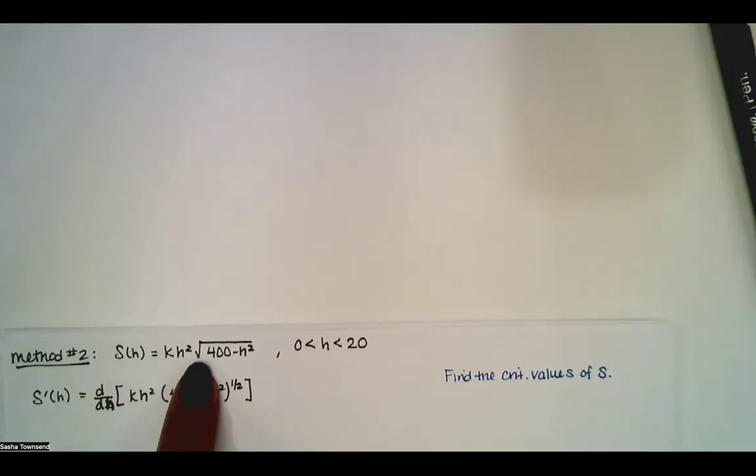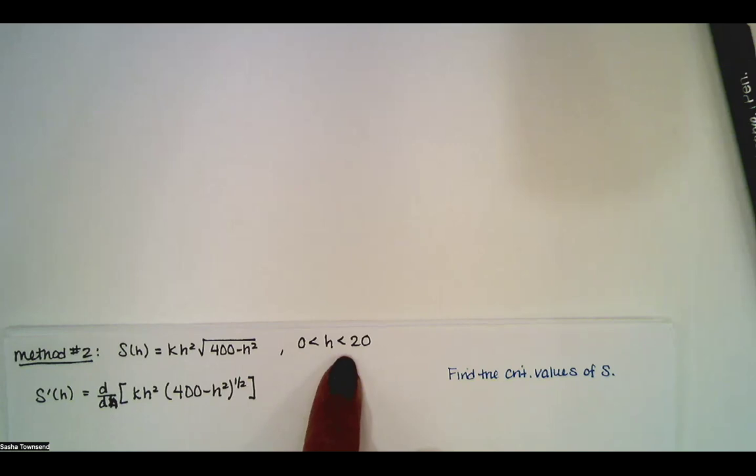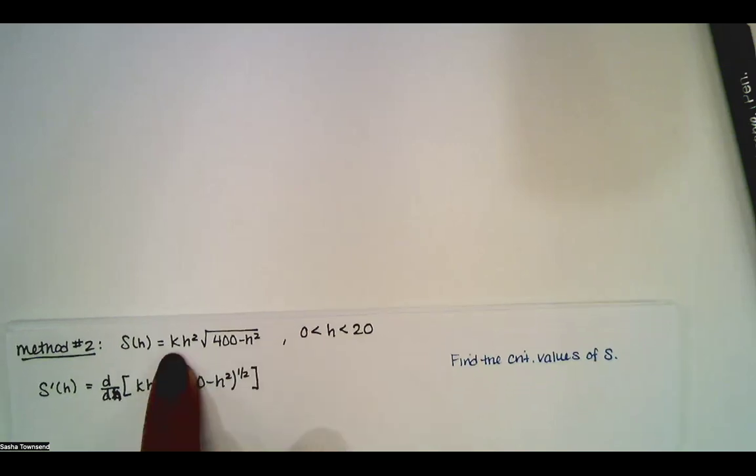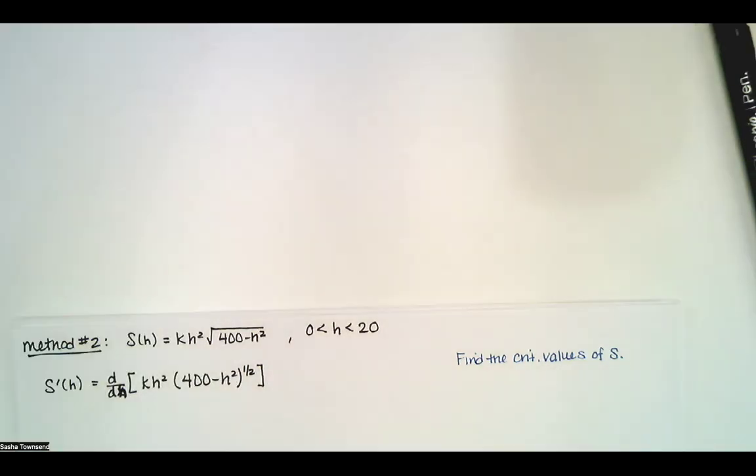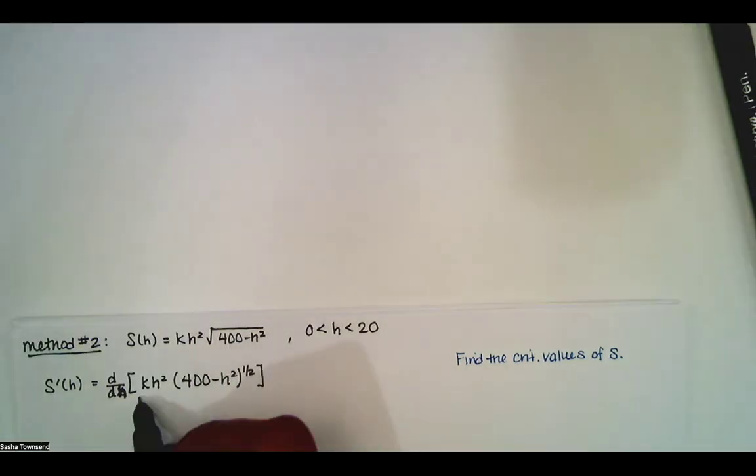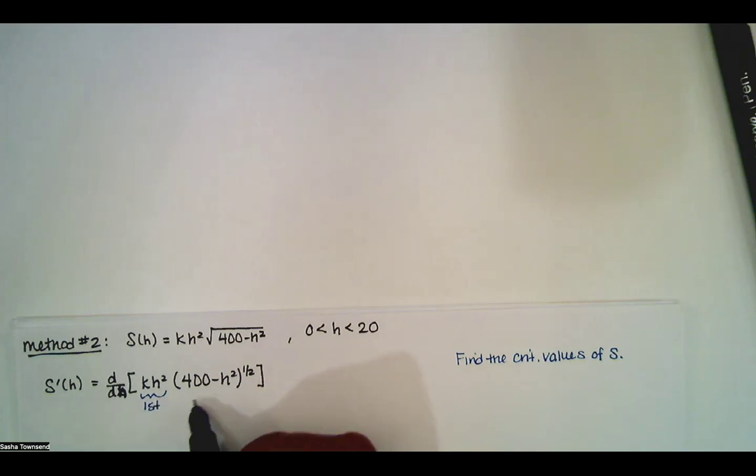So we know that our strength is this, and our height is some number of inches between 0 and 20 inches. So we've got that. In order to optimize that function, we need to find the critical values of this function. So we're differentiating with respect to h. I've written that square root as a 1/2 power. So this is my first function, and this is my second function.